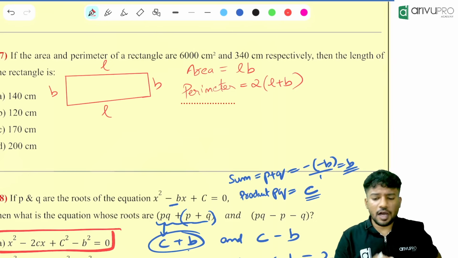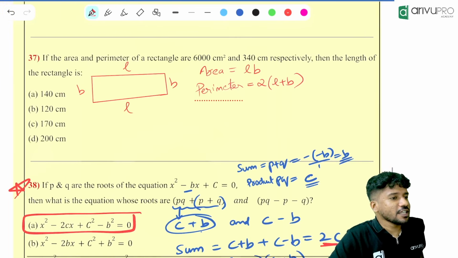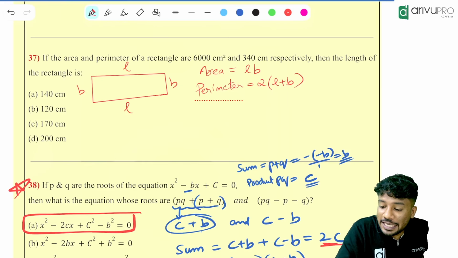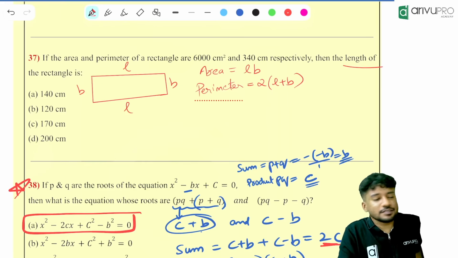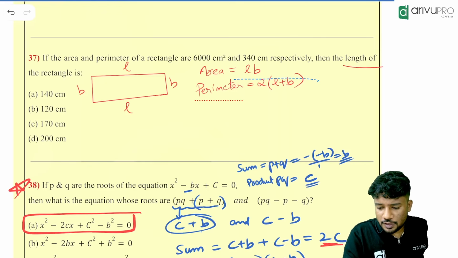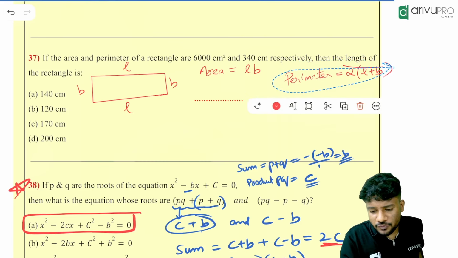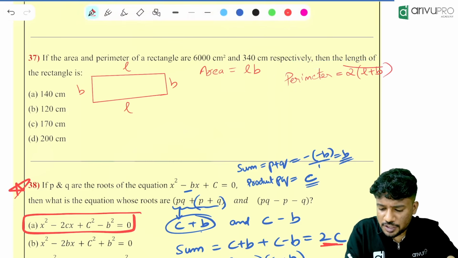Okay, now what will we do? What are they asking us? They are asking us to find the length of the rectangle. That is the question they are asking. First of all, do you have the values of all these things, people? Yes, we have. L into B is how much in the question?